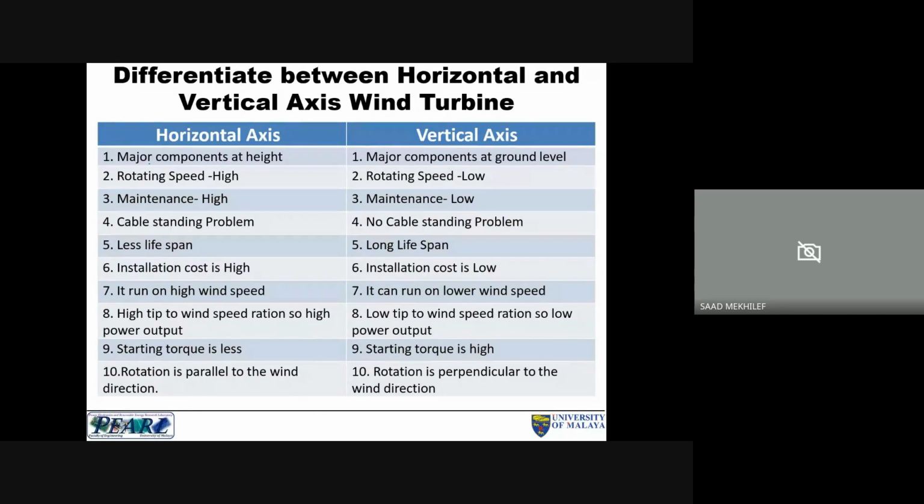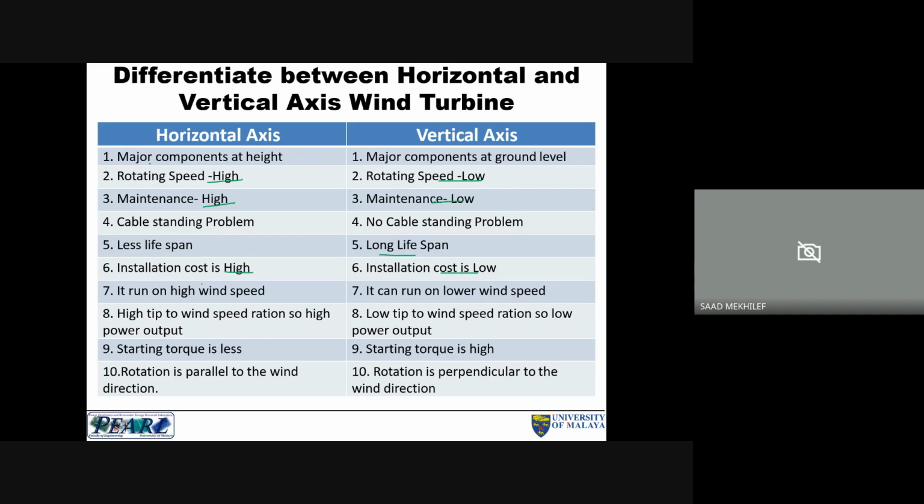When you see the gearbox, the generator, even sometimes the power electronics are all up, maybe 100 meters high, but for vertical they are lower. The rotating speed is quite high versus quite low, maintenance quite high versus quite low. This is as a comparison. Lifespan, longer lifespan; installation cost is high, maybe this is low.